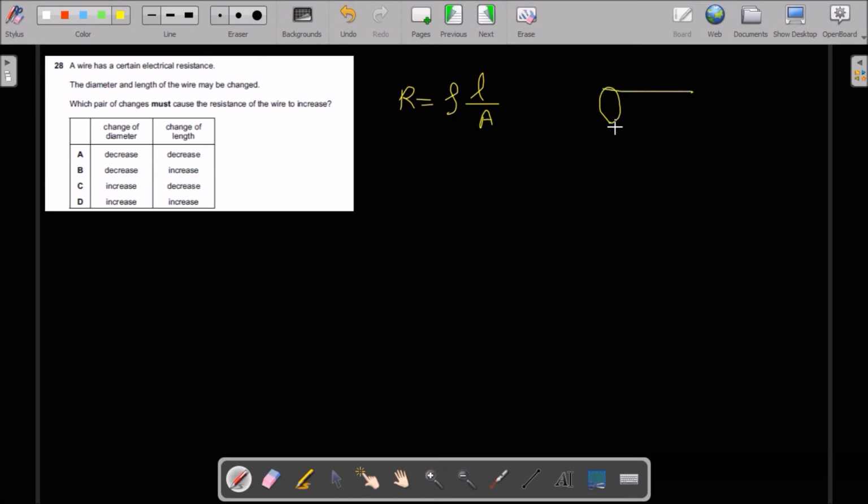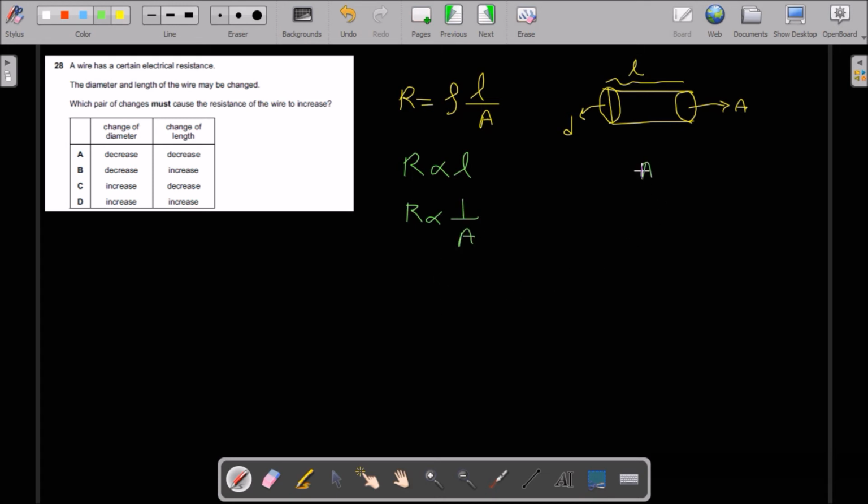If this is a wire, this is the cross section, so this line will be the diameter and this is the length of the wire, and resistivity depends on material. So R is directly proportional to the length of the wire and inversely proportional to the cross section.